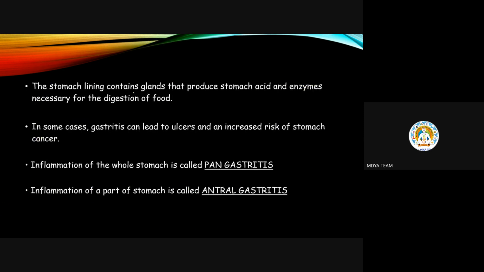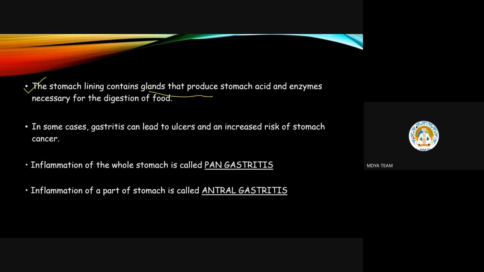The stomach lining contains glands that produce, as you have studied, which acid is released in the stomach? Hydrochloric acid, HCl, is released. This HCl is very important for us.